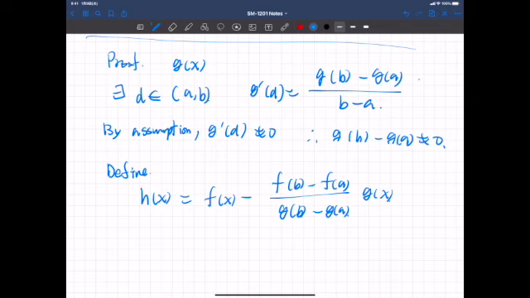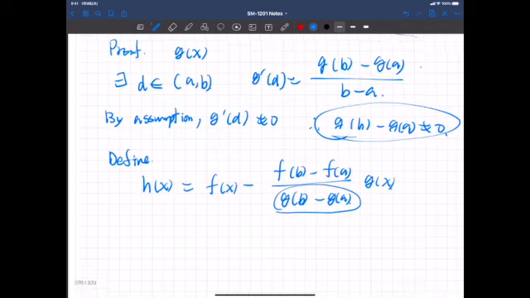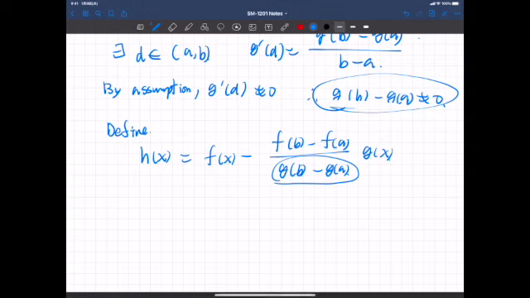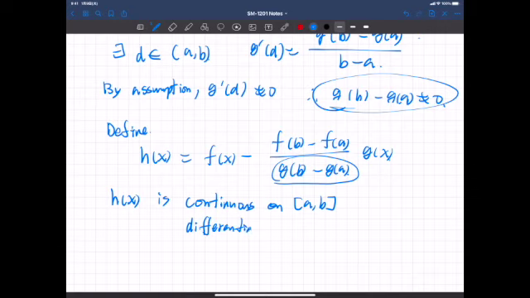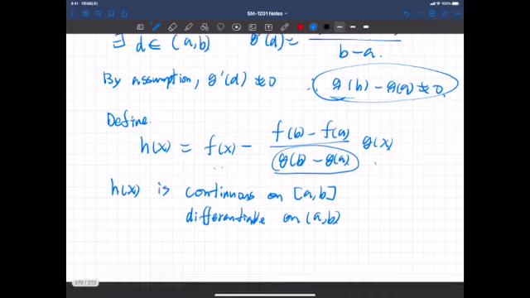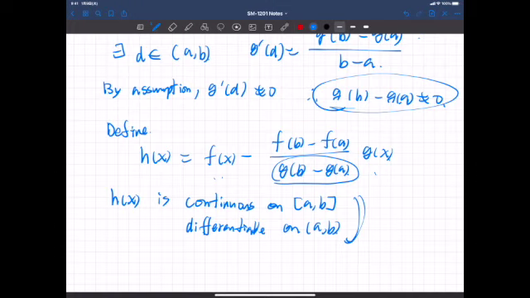We can divide by this because it's not zero. It's guaranteed. And obviously, this function is continuous on the closed interval a, b, and differentiable on the open interval a, b, because this is just a linear combination of functions f and g. So it is continuous and differentiable on these intervals.